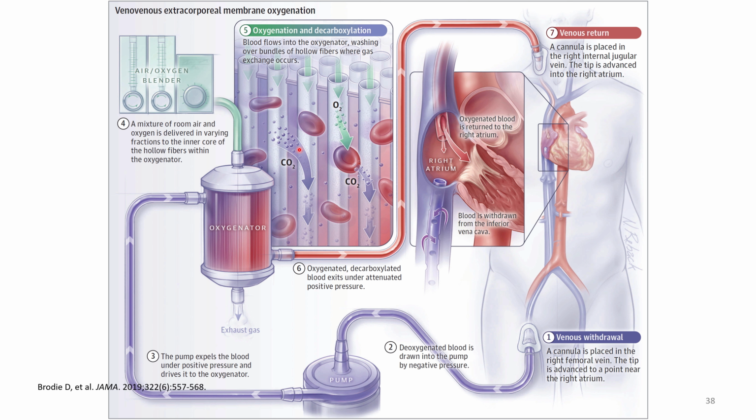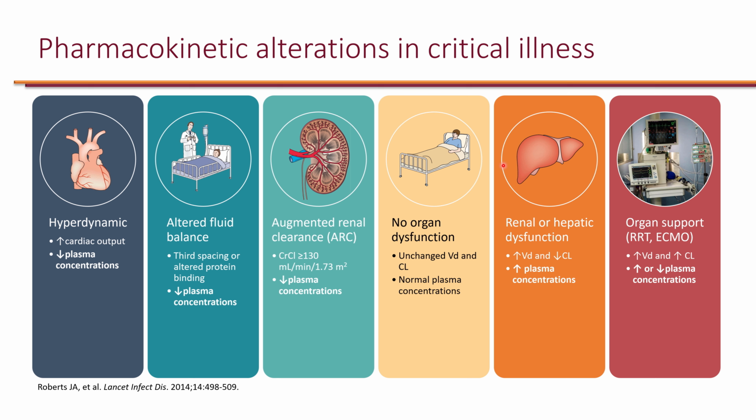So this is a big machine, and as you can imagine, the blood is going through this big machine, so volume of distribution changes, but ultimately drugs can also get stuck in this machine, so that will affect your drug levels or concentrations. And the best thing to do is therapeutic drug monitoring when available, because we cannot do therapeutic drug monitoring for every drug.